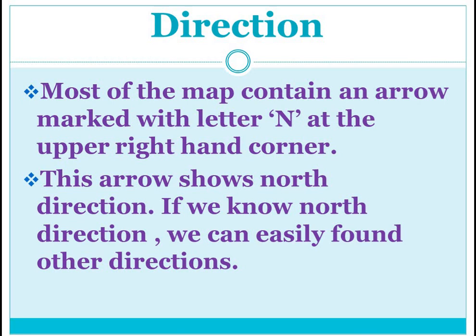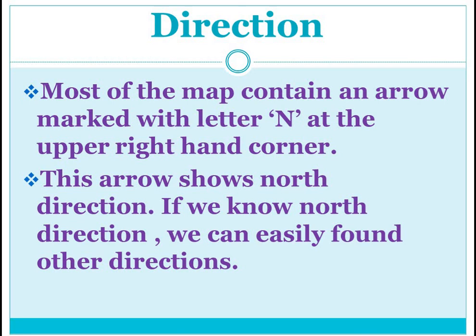So most of the map contain an arrow marked with letter N, capital N, at the upper right hand corner. On the right hand, on the top, we see the capital N, which represents the north direction.